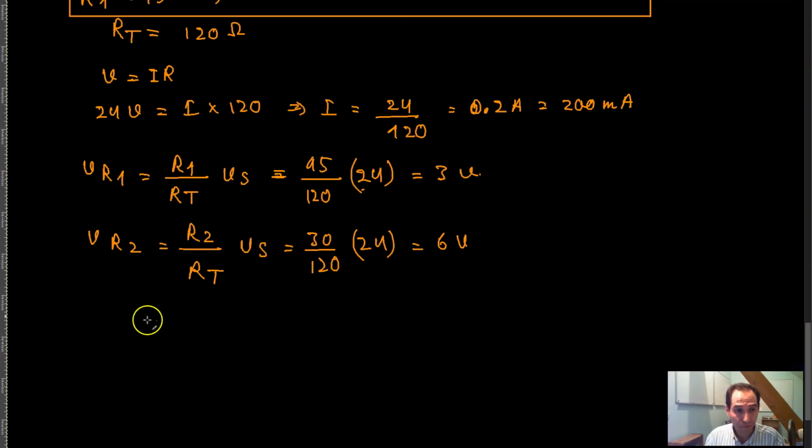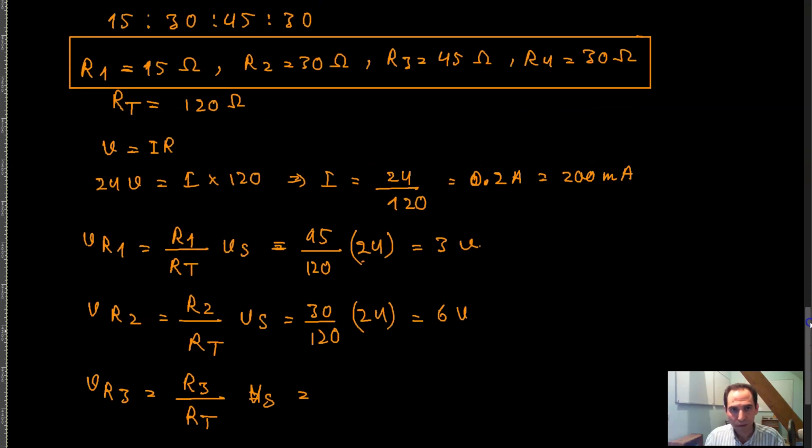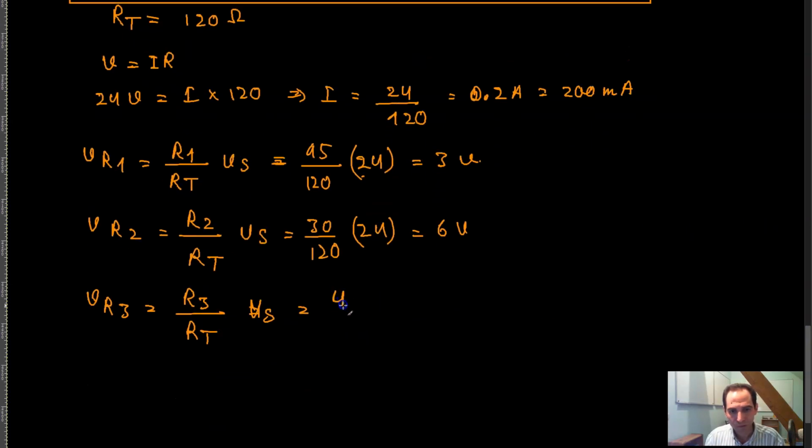And V of R3 is equal to R3 divided by R_T times V_S. What is R3? R3 is equal to 45 ohms.